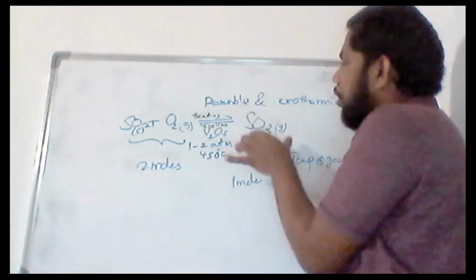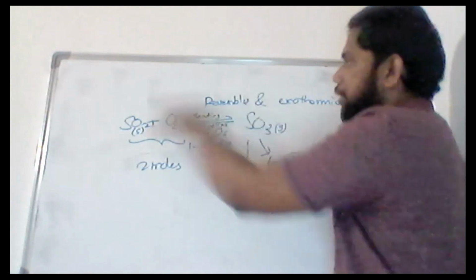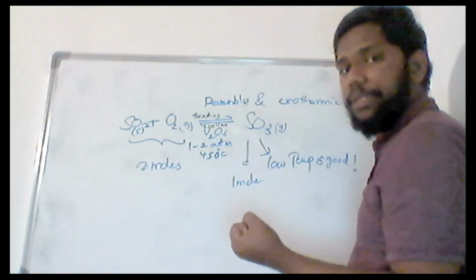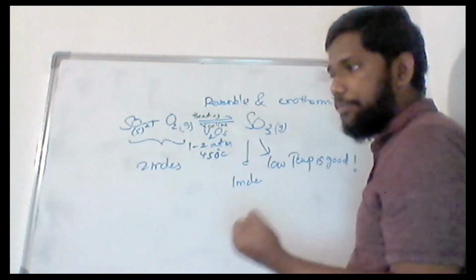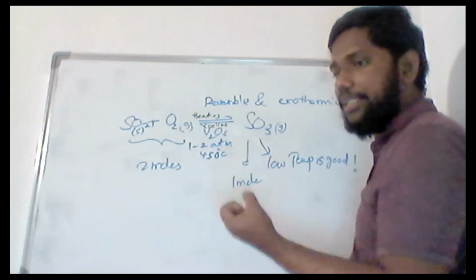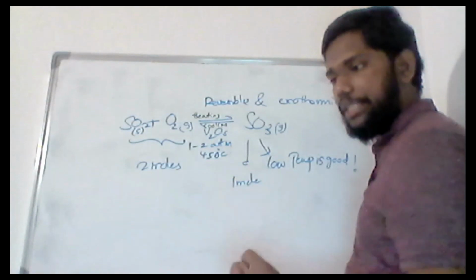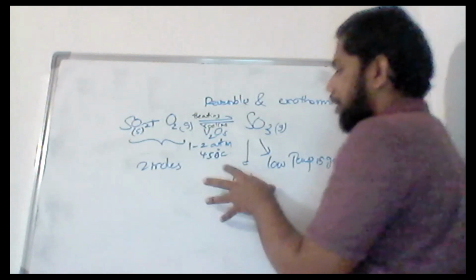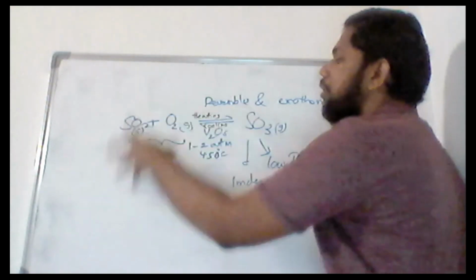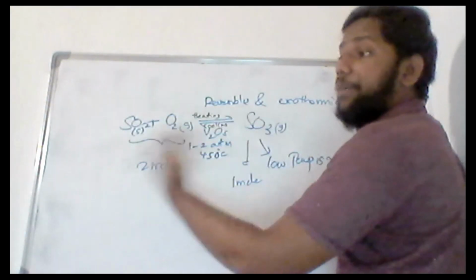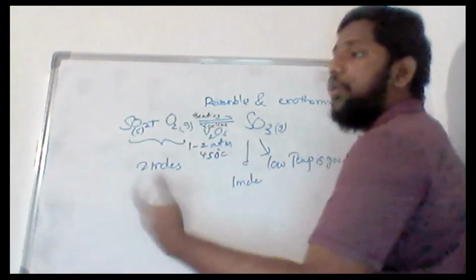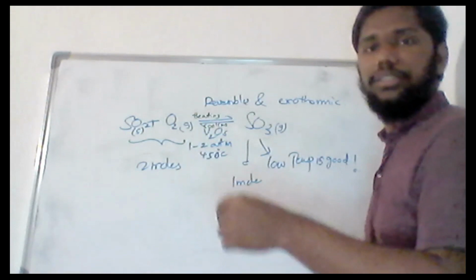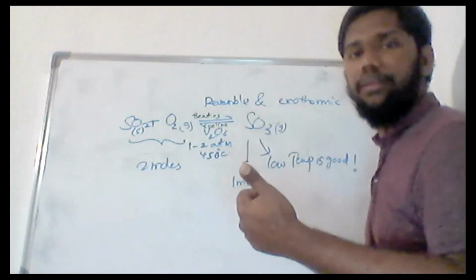So if you want to get more SO3 in this particular system, and you externally decrease the pressure, the system tries to increase it. How to increase? You have to go from 1 mole to 2 moles, because if the amount of moles is increasing in the system, there will be more collisions, which increases the pressure in return.